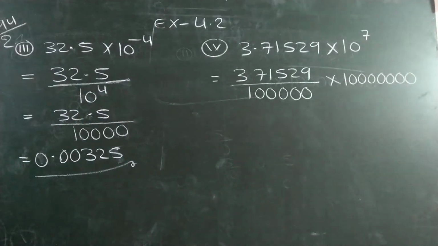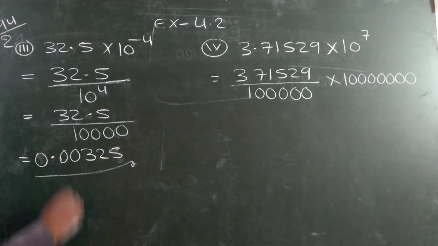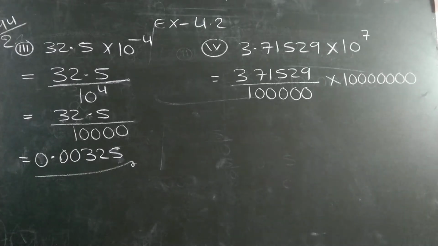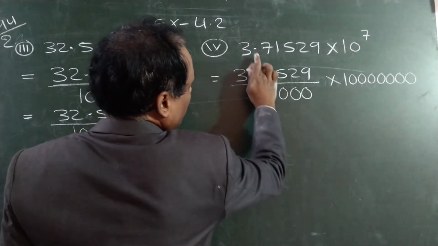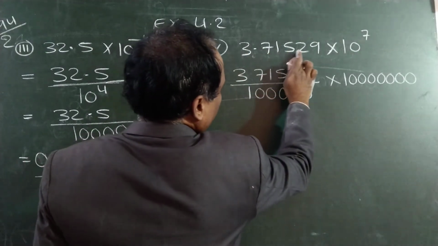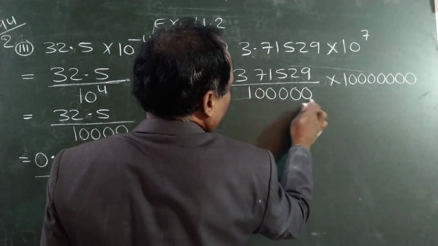See here. If the decimal is removed, after the decimal 1, 2, 3, 4, 5 digits, so 1, 2, 3, 4, 5 zeros.